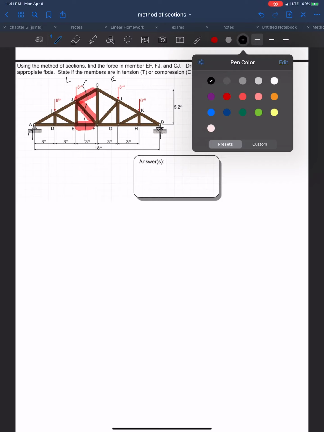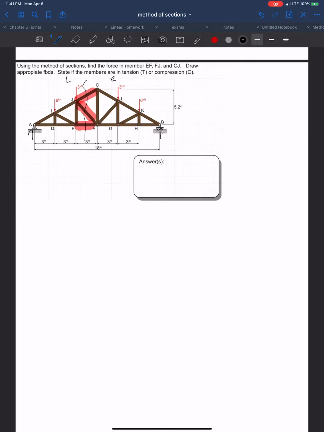So let's go ahead and solve actually Ay. So we're going to do the moment at B. We have our Ay positive, that's our clue. You always want to state which direction is clockwise or counterclockwise. I always like to do clockwise positive.